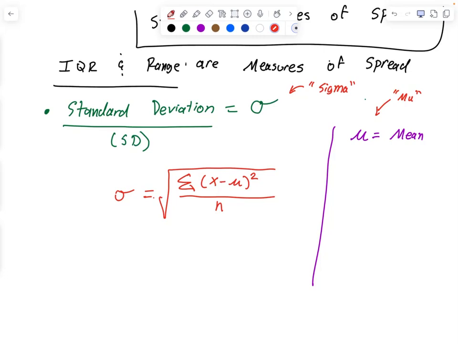What did we do with the numbers that we found? We added them. It means sum, in other words, add. So these are three new symbols that we need to feel comfortable with when we read in statistics.